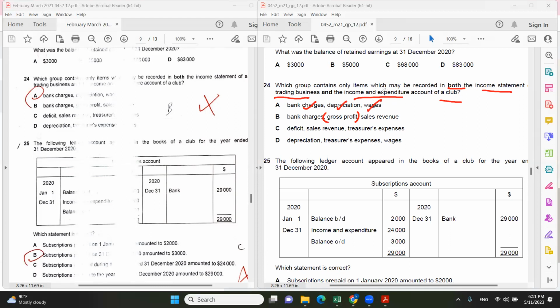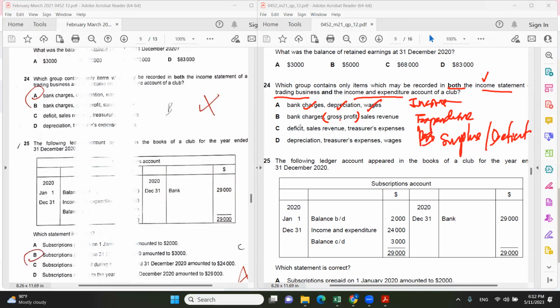For the income and expenditure, they don't have the gross profit. They will just have income minus the expenditure, so we get the surplus or deficit for the club account. Whereas for the income statement, you will get the profit or the loss. So this one only appear in the trading section. If a service section, this one also don't have.